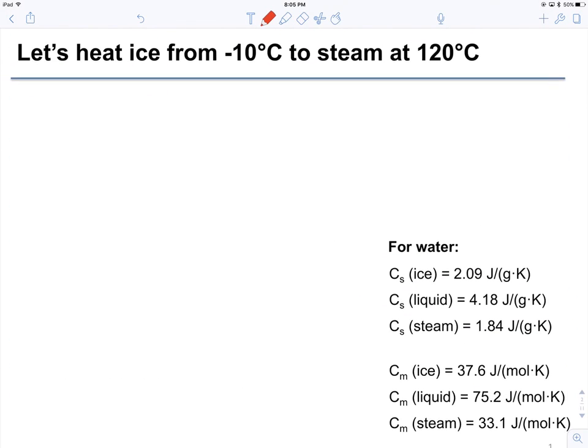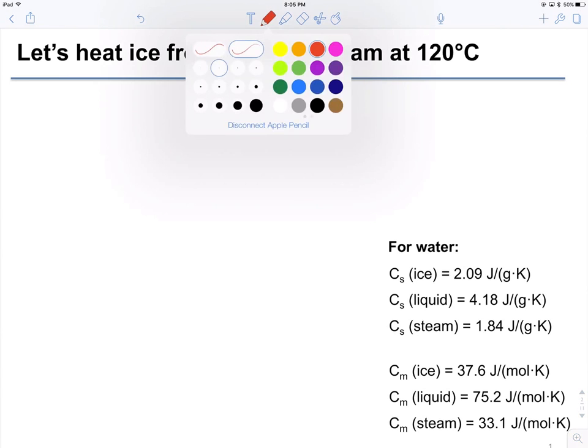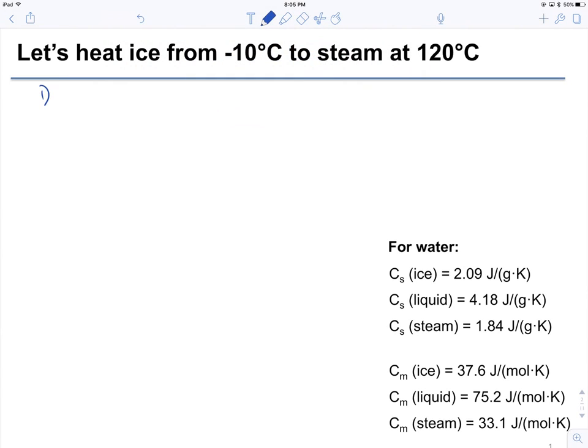So we will need to know a few things. We need to first understand that there are 2 basic things that can happen when we add heat. We can have warming, and during warming we know that Q is proportional to the temperature change, and we can solve for Q using C sub S if we're looking at mass, with mass times delta T, or we can use C sub M if we're dealing with moles times delta T. And the second is during a phase change.